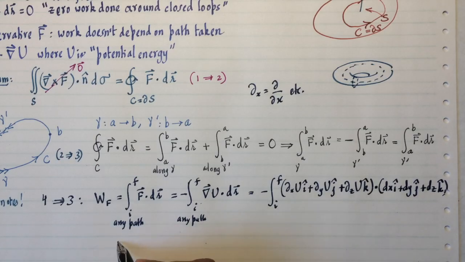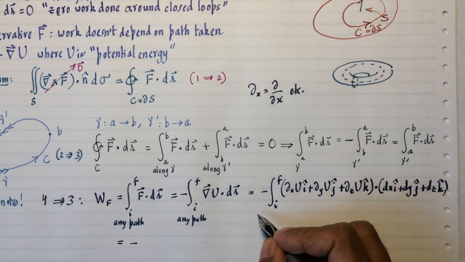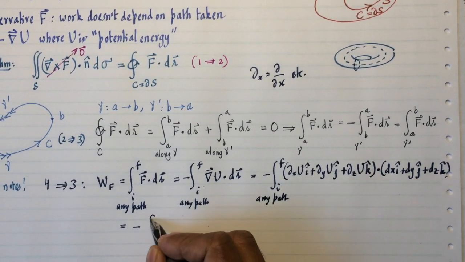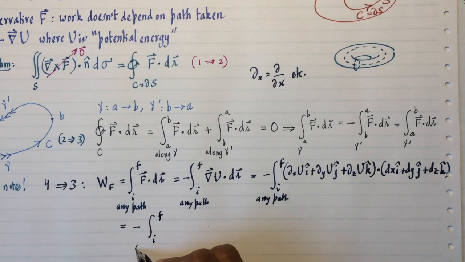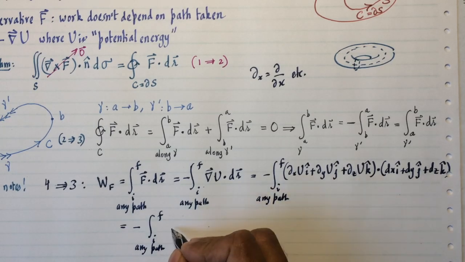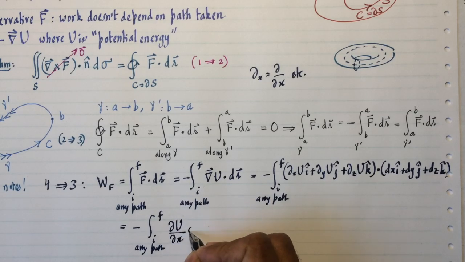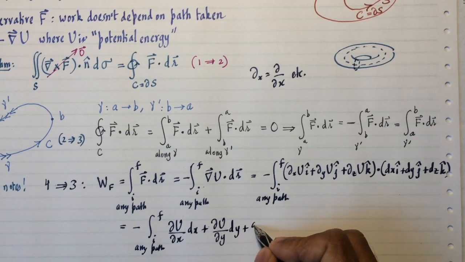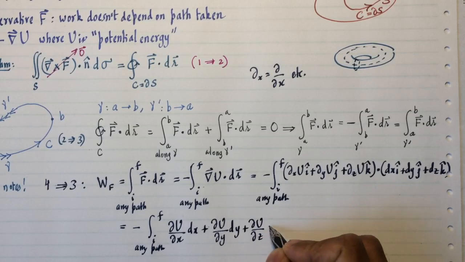So the only terms I'm going to get here are the integral from i to f along any path, del x. Now I'll write it in full. Del u by del x dx plus del u by del y dy plus del u by del z dz.